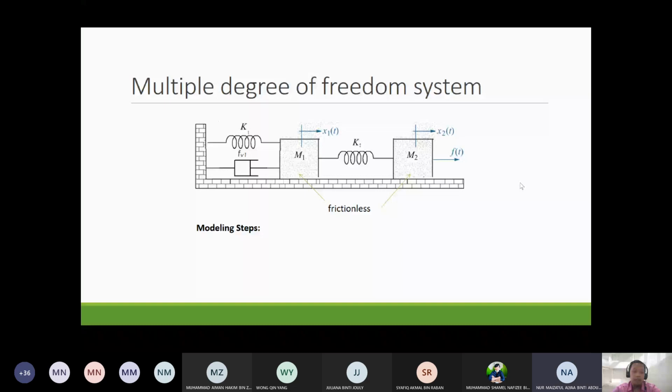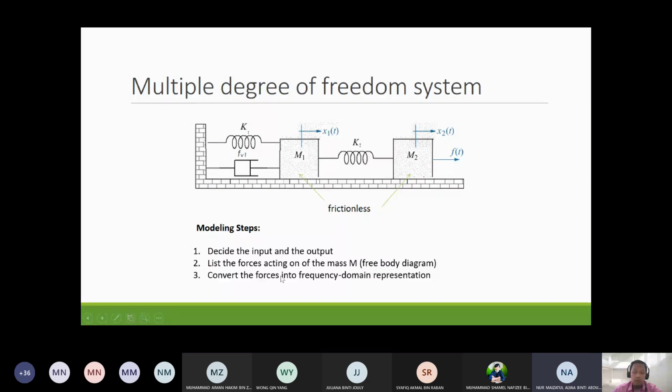Firstly, we need to decide the input and output of the system. What is the input and what is the output that we want? Then we can list all the forces by drawing the free body diagram, convert the forces into frequency domain, and lastly find the transfer function by isolating the output from input.